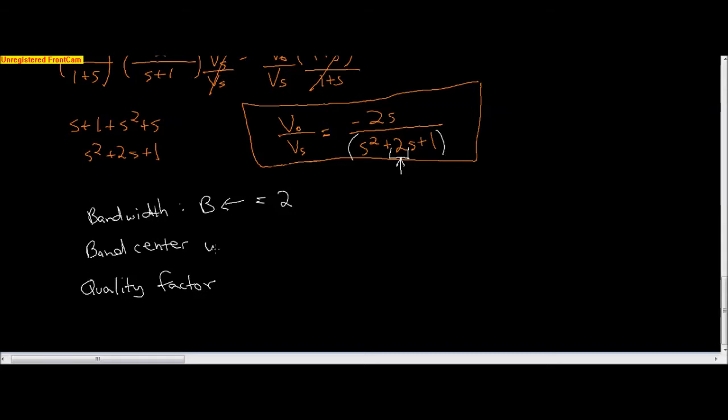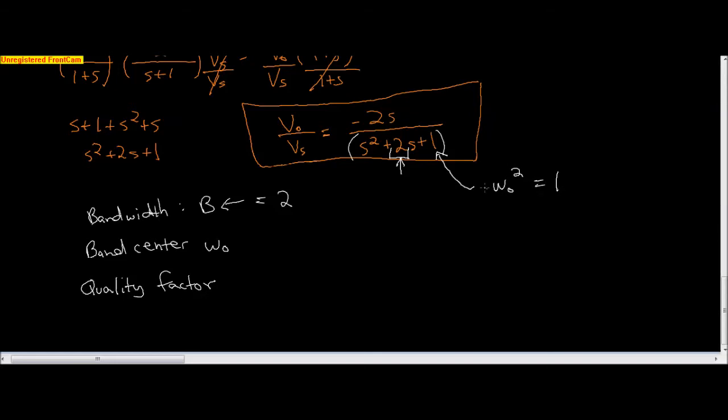Okay, omega naught. From this equation, this term right here is said to be omega naught squared, and this thing equals 1.